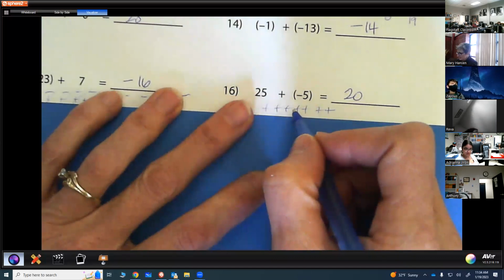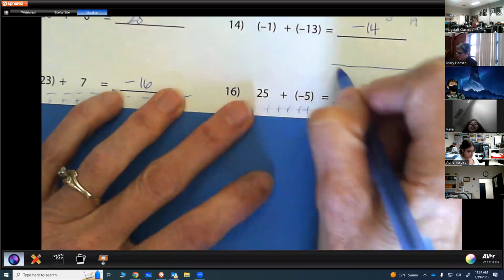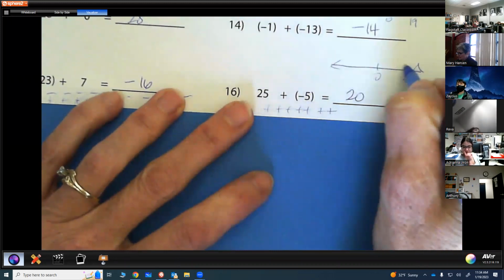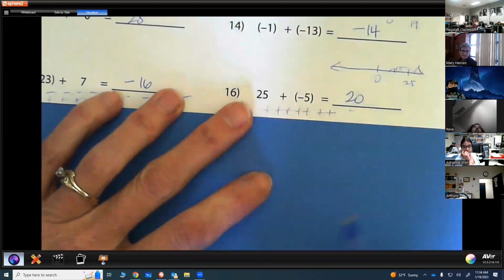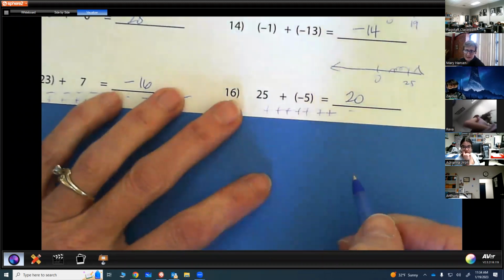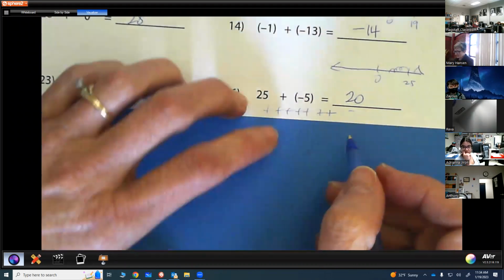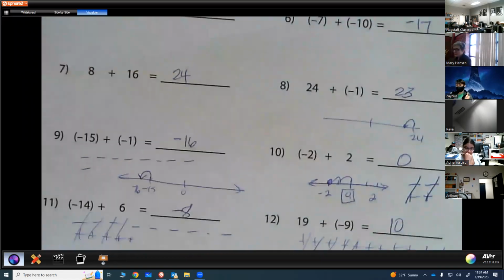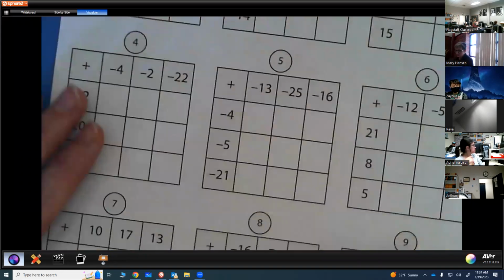Or on my number line, I'm starting at 25 and I'm moving to the left 5 places and I would get to 20. Okay, is that starting to feel good? That's right.